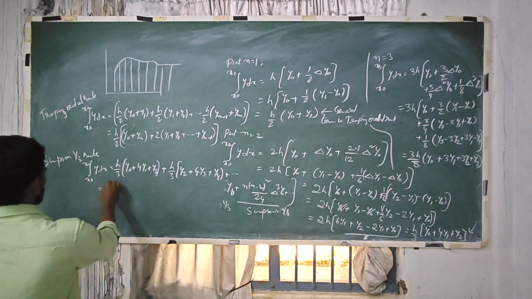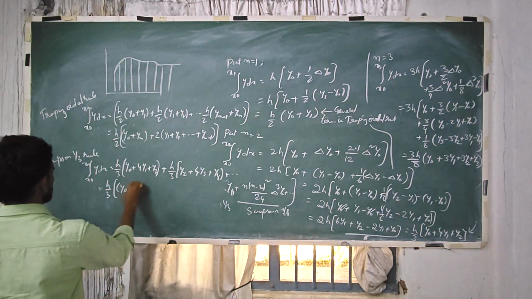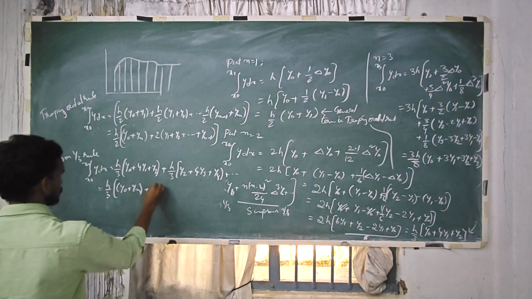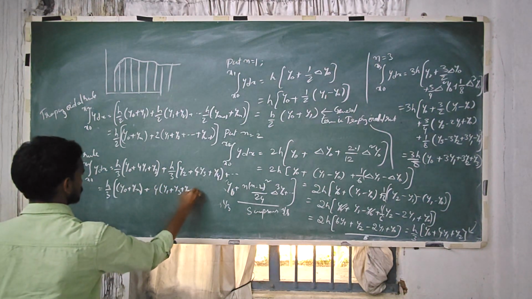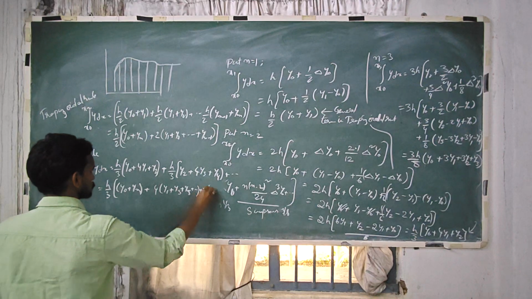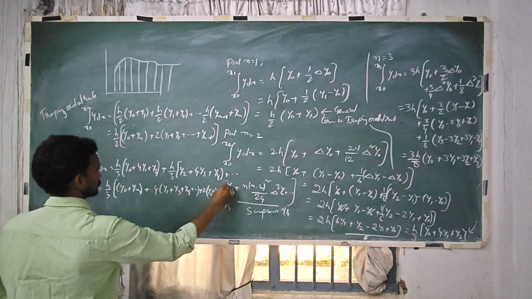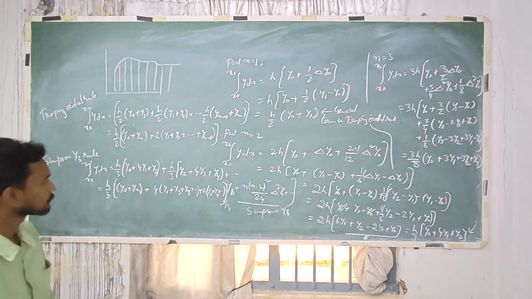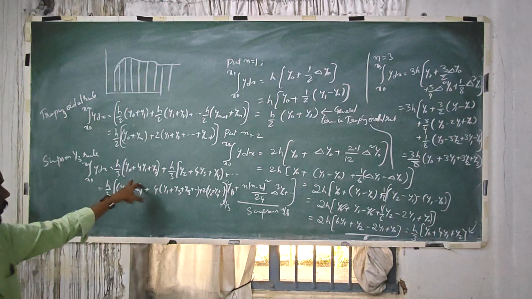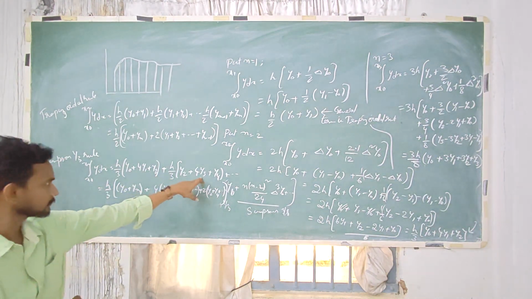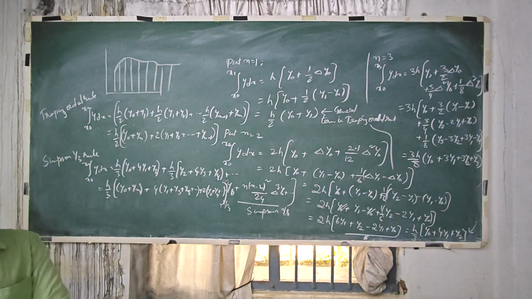So all you have is h by 3 times y0 plus yn, plus 4 times y1 plus y3 plus y5, plus 2 times y2 plus y4 plus all even terms. So for all odd terms you have a coefficient of 4 and for all even terms a coefficient of 2.